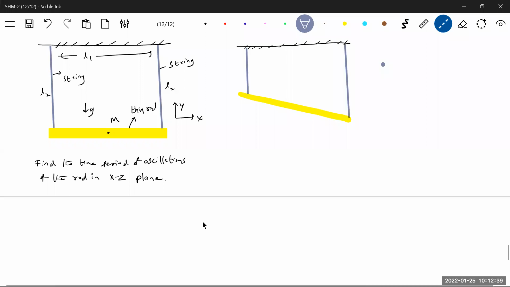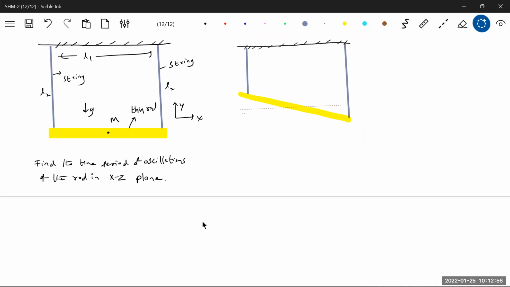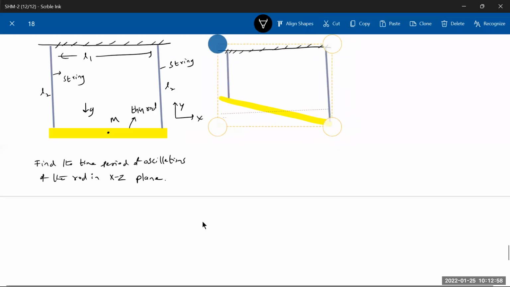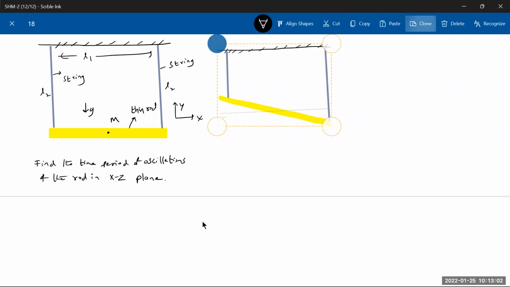I'll try to explain through some. The rod will be swinging here, this way. Hope everyone is able to understand. So let me give another diagram.